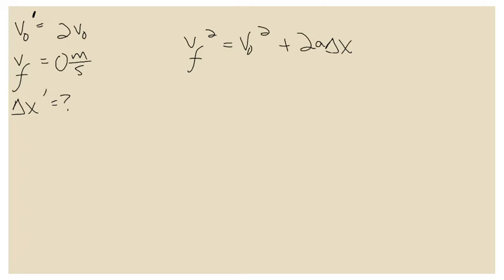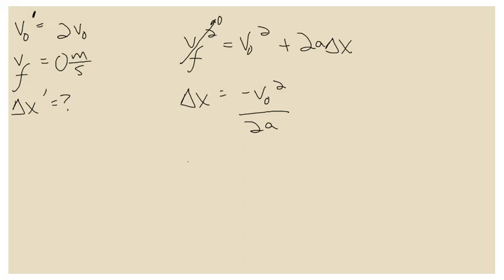But this is certainly the best equation to use, because once you recognize that the final velocity is 0, and you solve this for the displacement delta x, you get the displacement is negative v naught squared over 2a. And since a is a constant, the only variable which can affect the size of delta x is v naught.